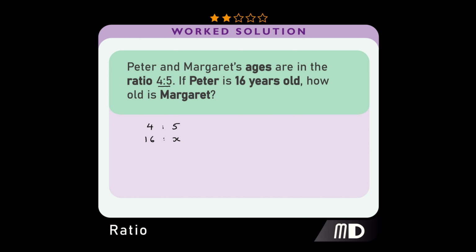If we divide both sides of this ratio by the digits in the ratio given to us, we get 16 divided by 4 equal to x divided by 5.